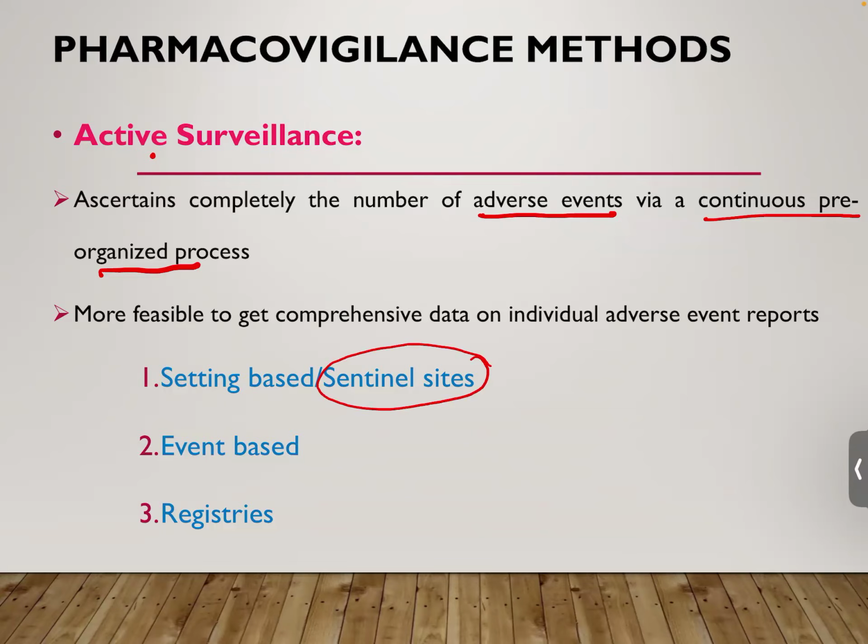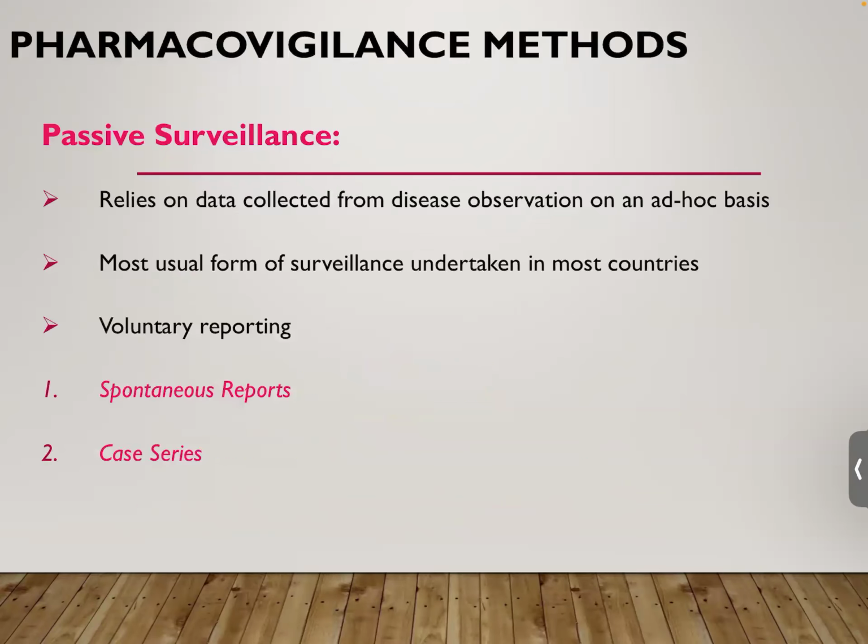So they get structured data and a perfect idea of your drug's safety, or event-based information. Registries: maybe there is a drug for cardio, and they have set up a cardiology registry, so any new information will be uploaded in this registry.